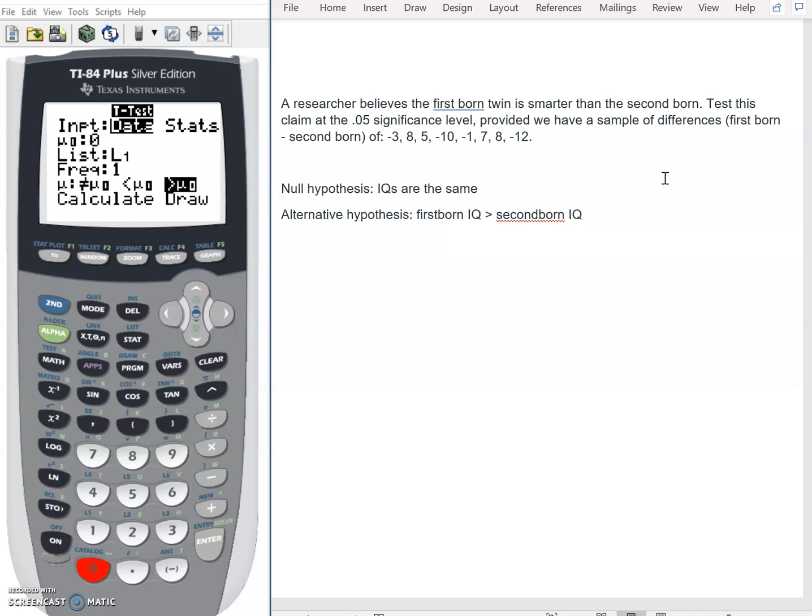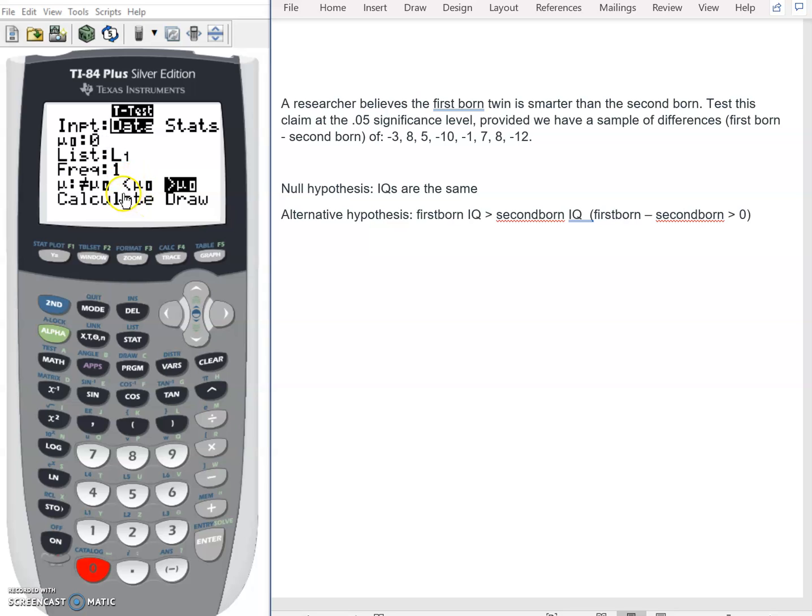So that's our alternative. Another way to frame this, right, is firstborn minus secondborn is greater than 0, right? So that's just from taking this secondborn IQ, subtracting it to the left side. And that's how we could get this alternative.